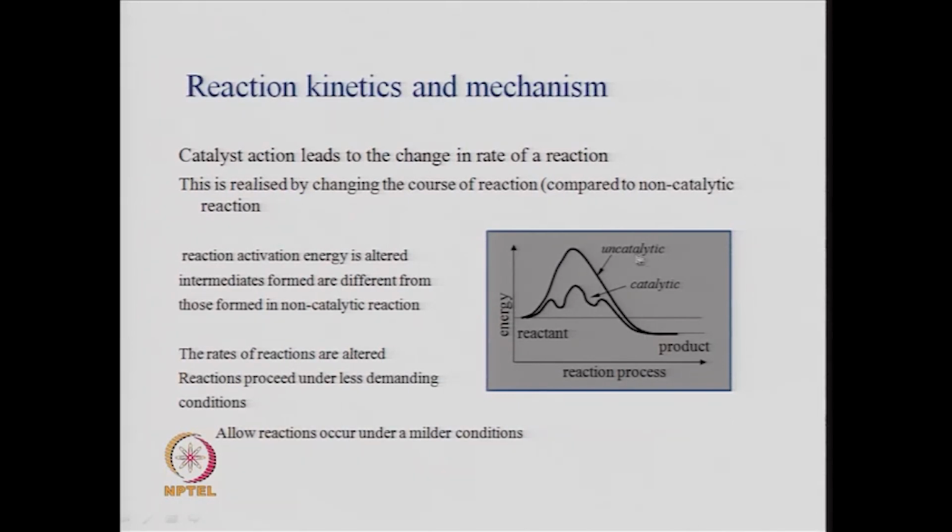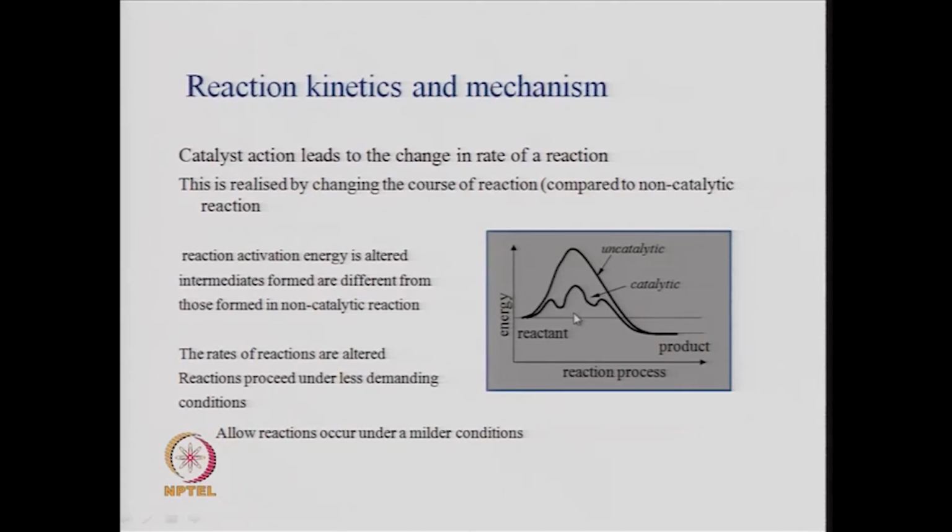Now, in an uncatalytic process where there is no catalyst involved, this is the profile. If you add a catalyst, then the profile gets changed, and you may have a maximum which is much lower in energy than the maximum in the uncatalytic process.